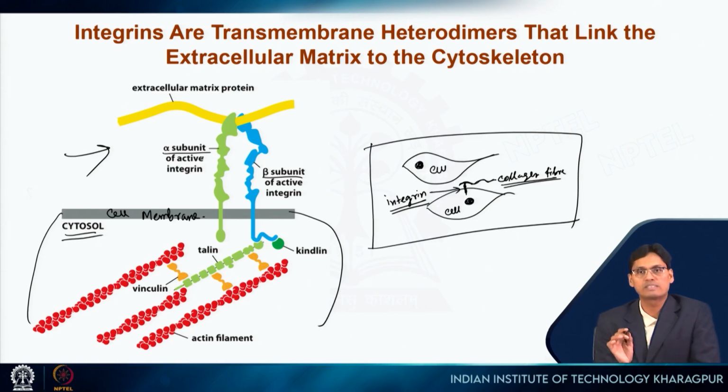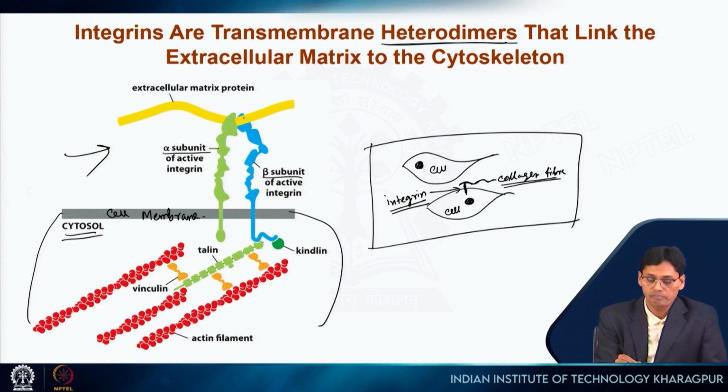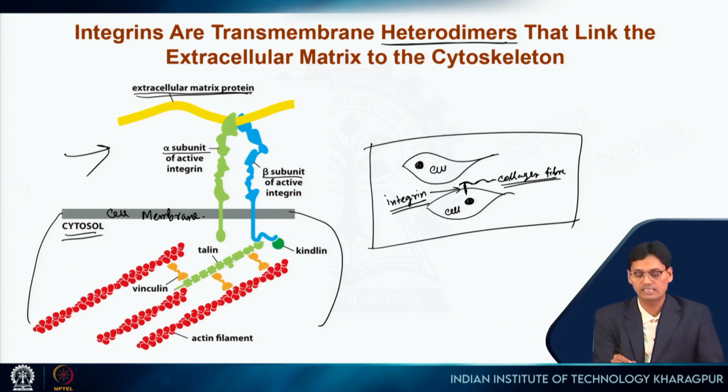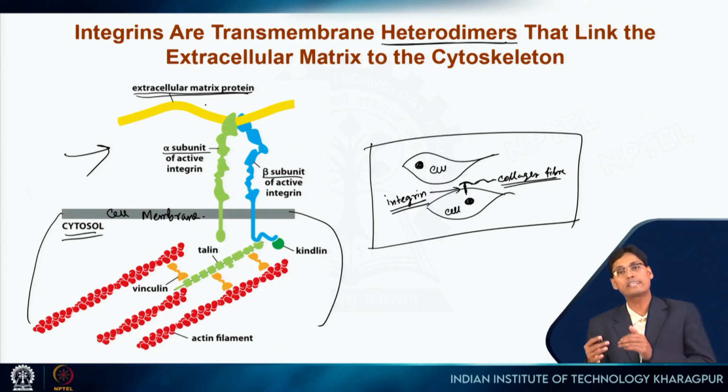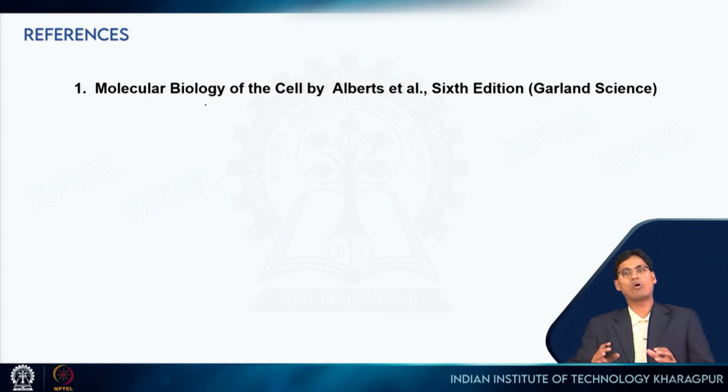Integrins form a heterodimer, two different integrins together, and then they bind to extracellular matrix protein, for example, collagen fiber. As a result, connective tissues stay together with the extracellular matrix. This is all about cell-to-cell and cell-to-matrix adhesion.